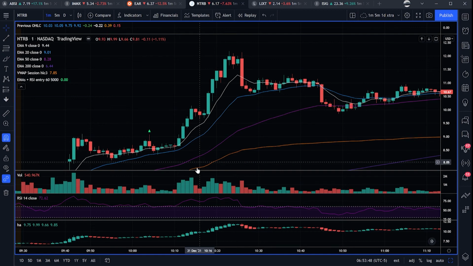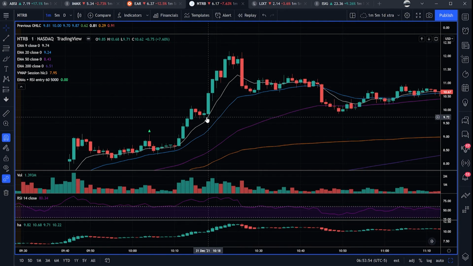The volume decreases here on the pullback. The pullback doesn't really break too much, like the low of this candle, it breaks only here, and this stays near this range, no? It's still holding very well. It's taking time to allow the stock to consolidate in this area of price, no? And then the first 1 minute candle to make a new high here is the good one.